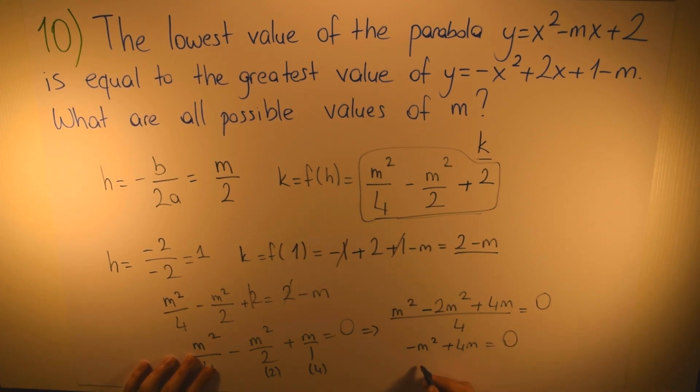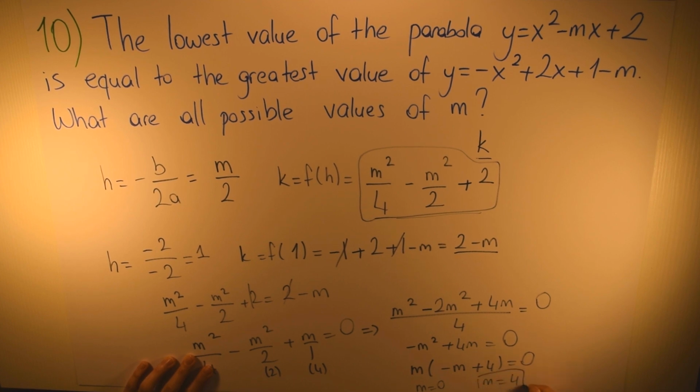From here this will become m times (minus m plus 4) is equal to 0. So m is either 0 or m is 4. So these are the possible values of m.